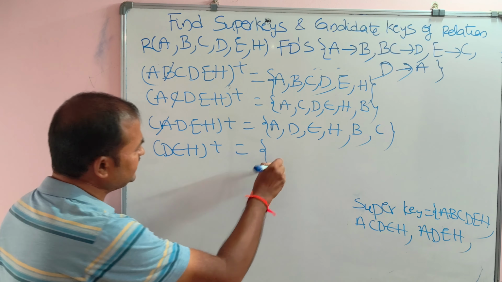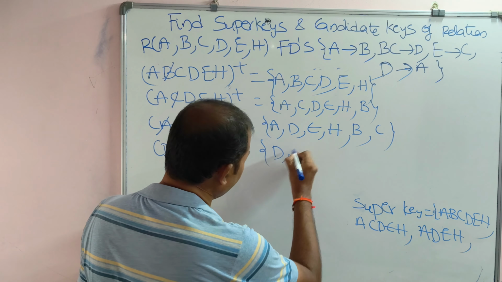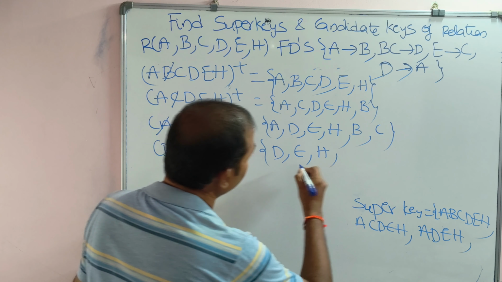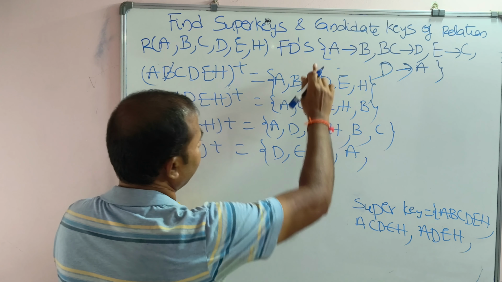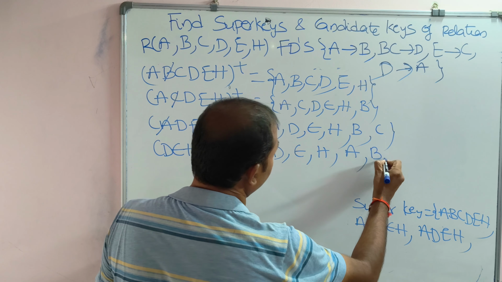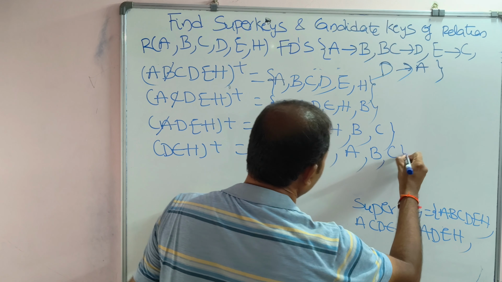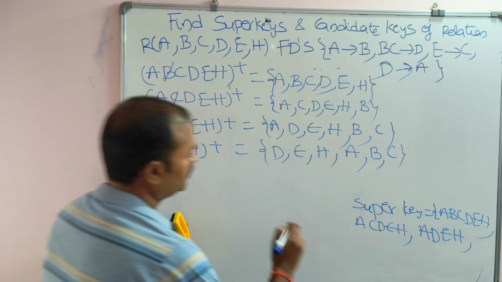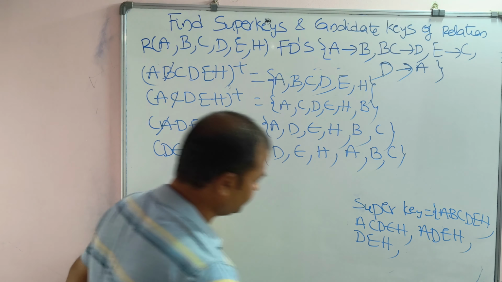So let's check whether this is a super key or not. So DH, they determine themselves. Next here we have D. D determines A. Next A determines B. Here we have E. E determines C. Here we have all the attributes. So we can say that DH is the super key.